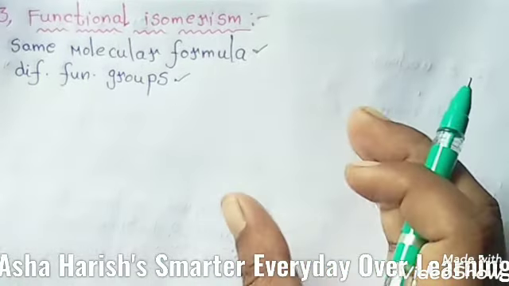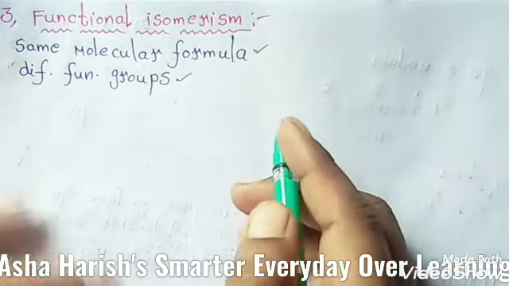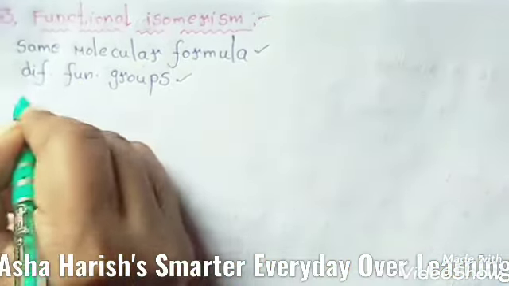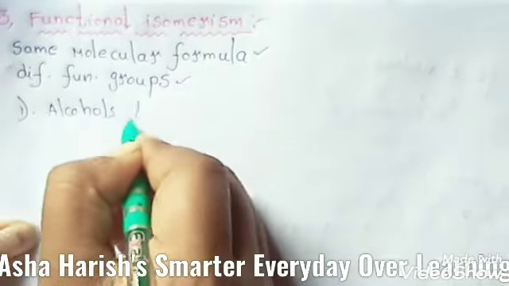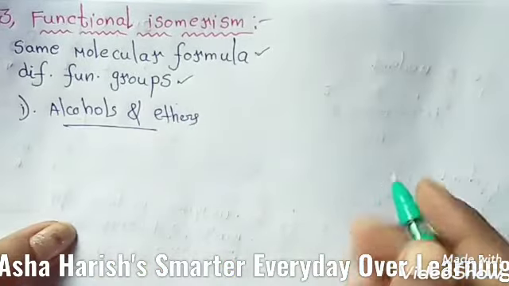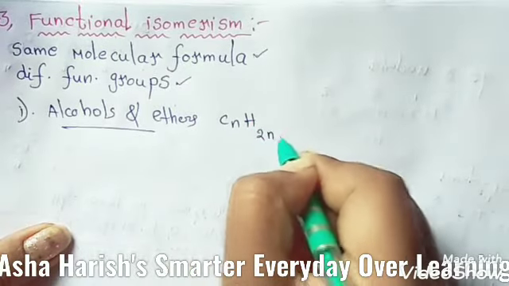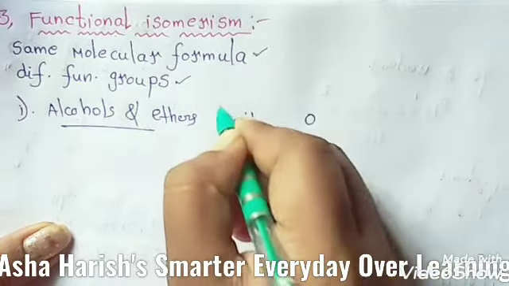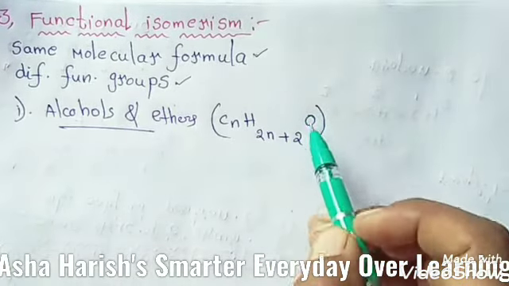Students, many classes of organic compounds show functional isomerism among themselves. In that, the first type is alcohols and ethers. Students, this is the first type. Here the general formula is CnH2n+2O. This shows functional isomerism.